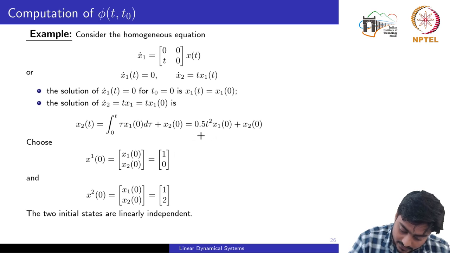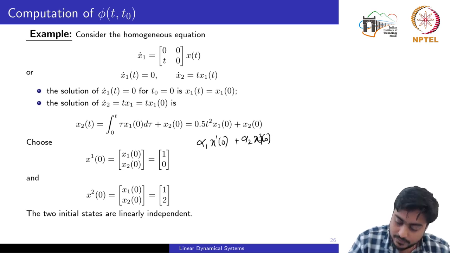We could quickly verify that if I multiply alpha 1 into x1 of 0 plus alpha 2 x2 of 0 equal to 0, then alpha 1 and alpha 2 should be 0 for linear independence, and only then can this equation be satisfied.